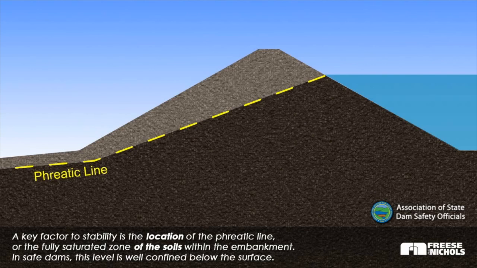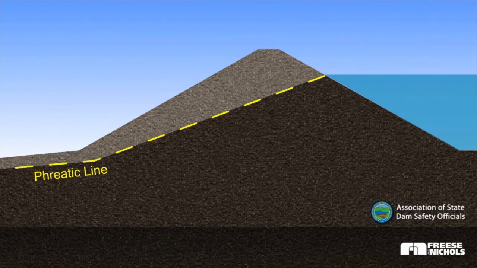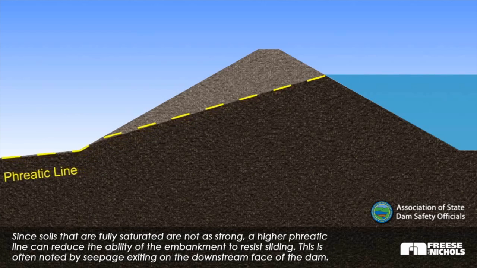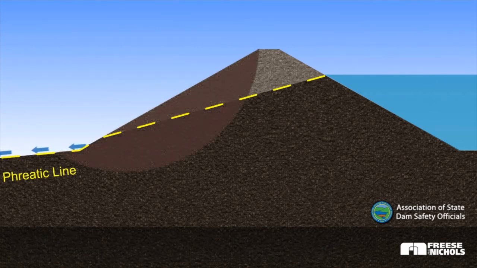In safe dams, this level is well confined below the surface. Since soils that are fully saturated are not as strong, a higher phreatic line can reduce the ability of the embankment to resist sliding. This is often noted by seepage exiting on the downstream face of the dam.